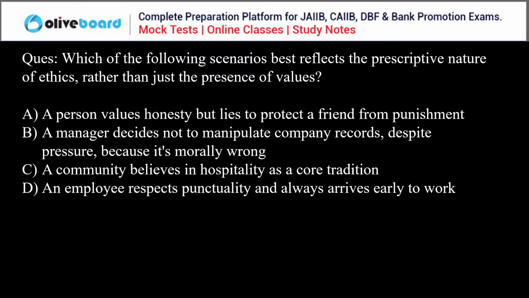Yes, it is actually the correct representation of ethics. A company or community believes in hospitality as a core tradition. This is a cultural value, not a moral prescription. An employee respects punctuality. This is discipline. So ethics is reflected in B, so B is the correct answer.